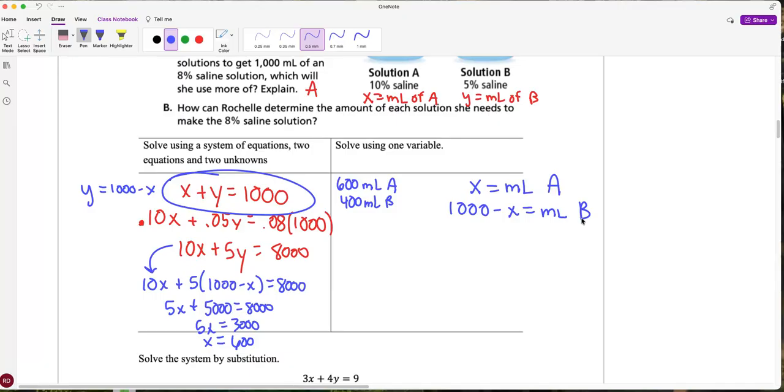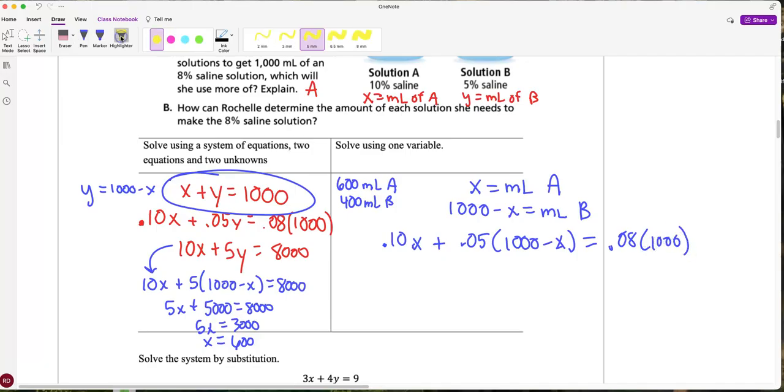And so I could then have said 10% of the x plus 5% of 1,000 minus x is going to equal that 8% of 1,000. So what you notice there is this equation is the same thing that I'm getting right here after I substitute in. So this one could have been done with one variable.